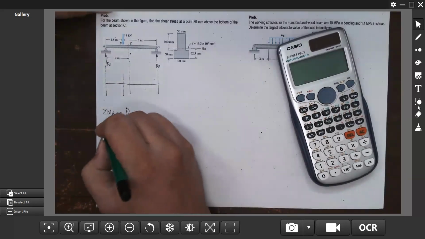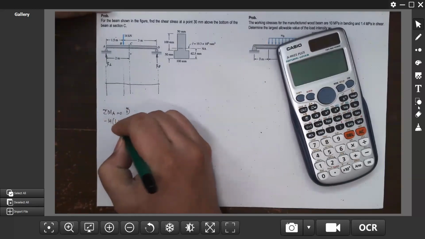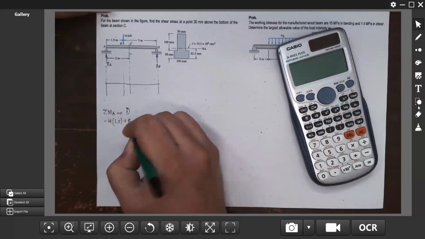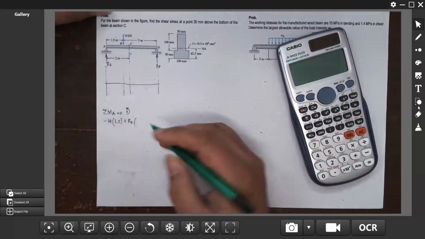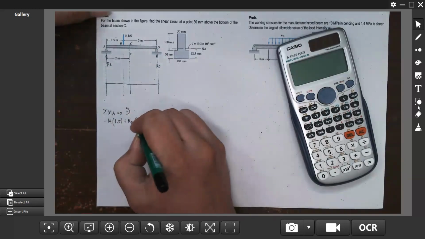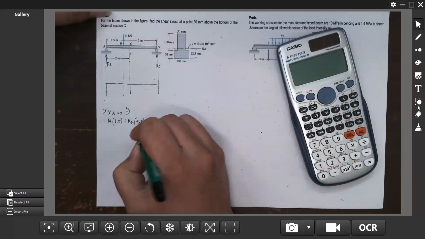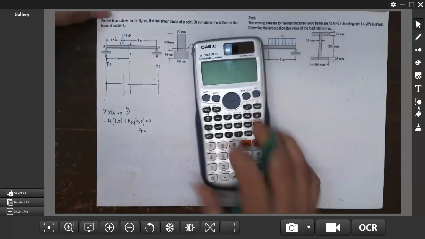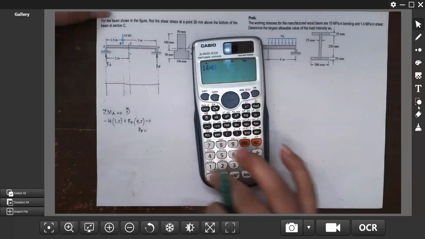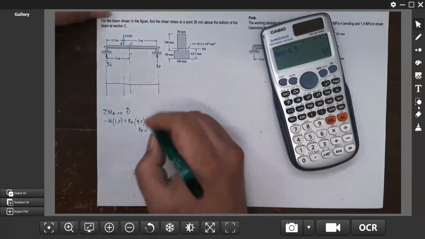So we have negative 14 times distance 1.5 plus RD times 4.5 equal to 0. To solve for RD, that would be 14 times 1.5 divided by 4.5, which is 14 over 3.